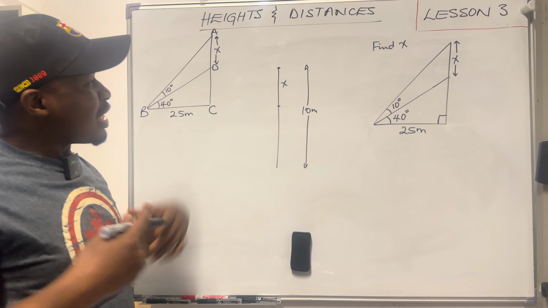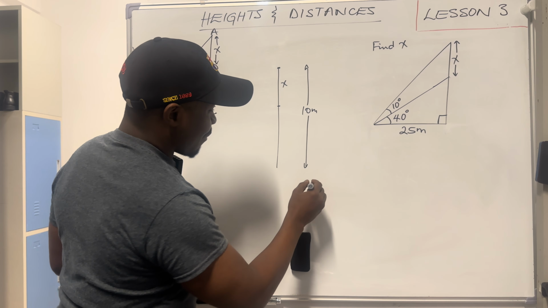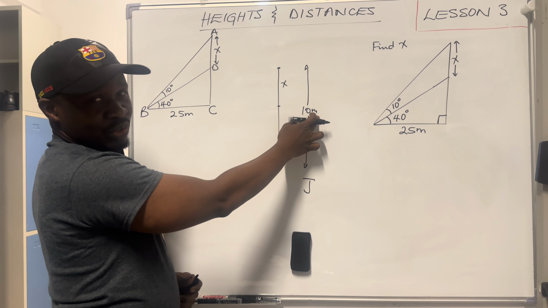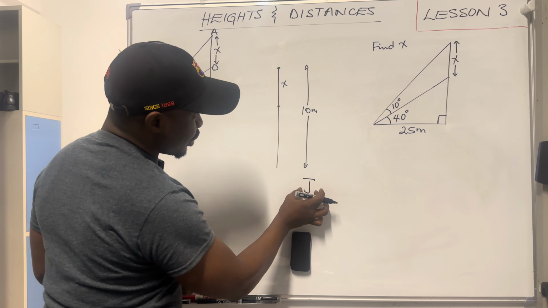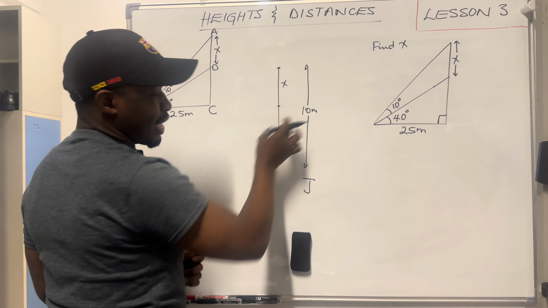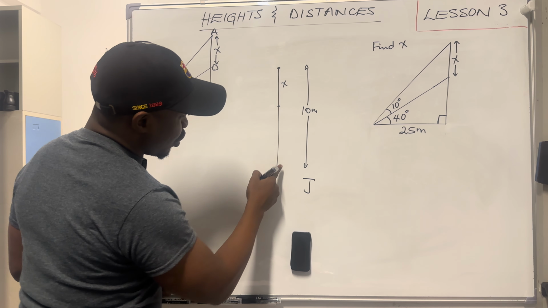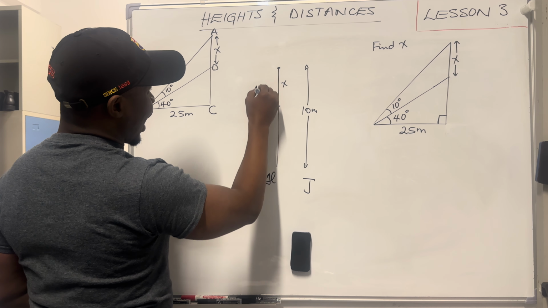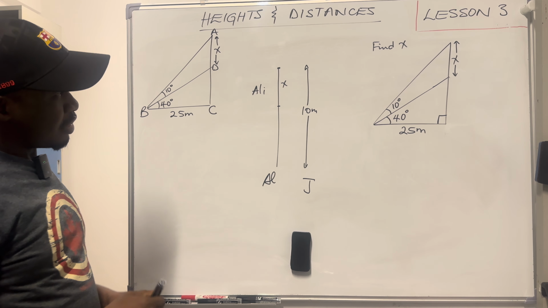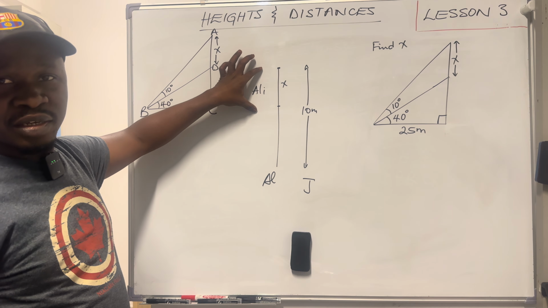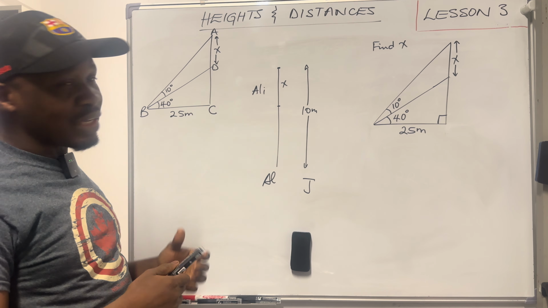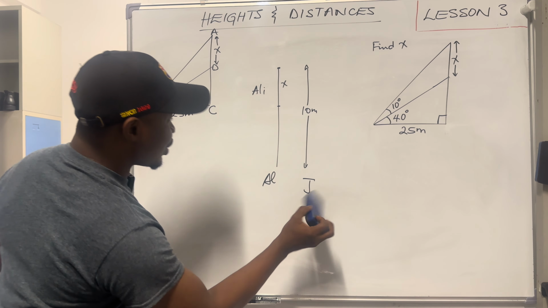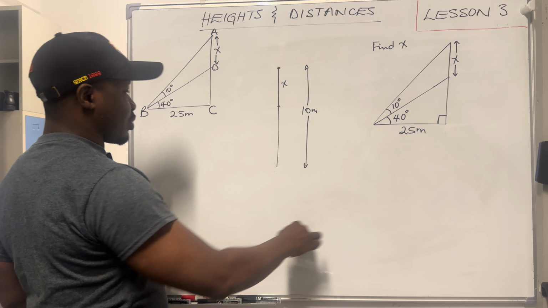No. This is like saying John is 10 years old, but you want to know the age of Ali. You cannot tell this one. Why? Because there is missing information here.